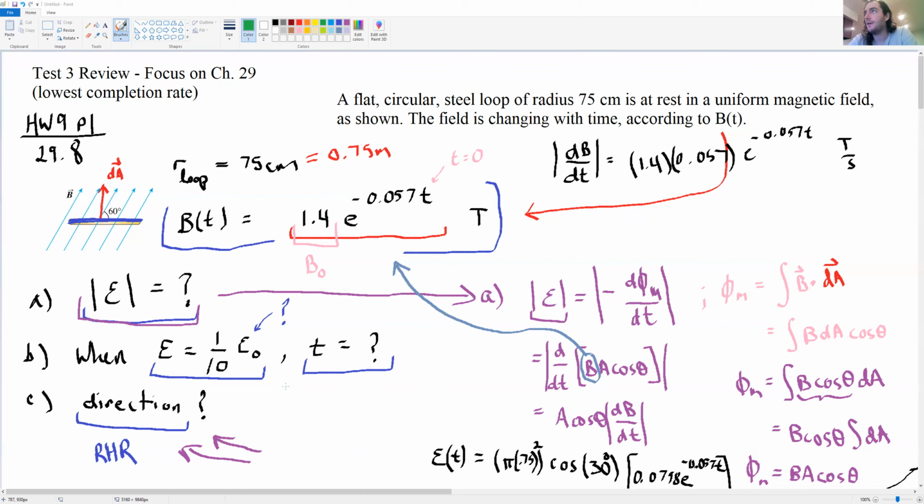Is the magnetic field increasing or decreasing? So think about that. There's a couple people who haven't answered yet.